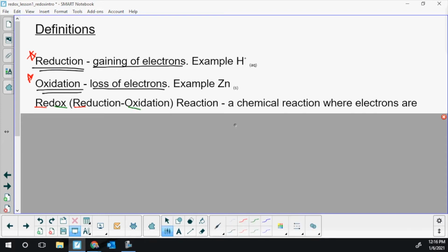That's where the word redox comes from. Okay? You must have something losing and something gaining. Not all chemical reactions are redox, and that's something we'll address in a future lesson, which type of reactions are redox and which ones aren't. Okay? We just saw a single replacement reaction, and all single replacements are redox.